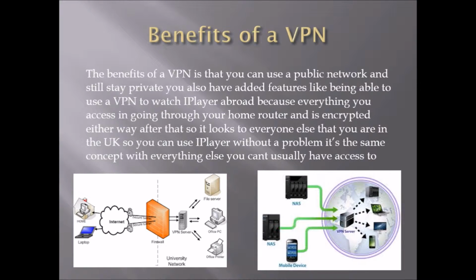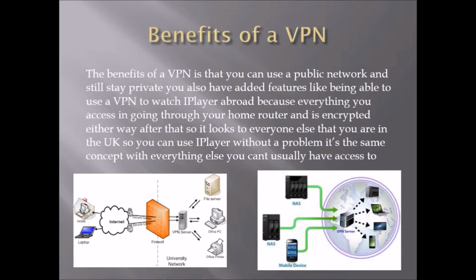Benefits of a VPN are things such as being able to use or play things like BBC iPlayer because everything's encrypted through a VPN, so no one knows what you're actually doing. So you can actually be using BBC iPlayer from abroad, even though it's not a service that is allowed abroad.